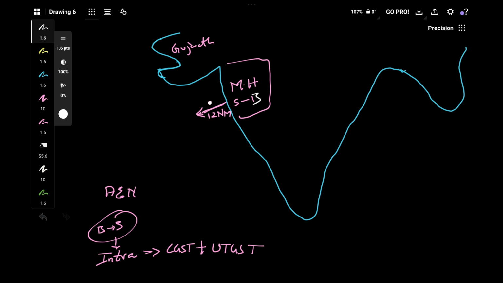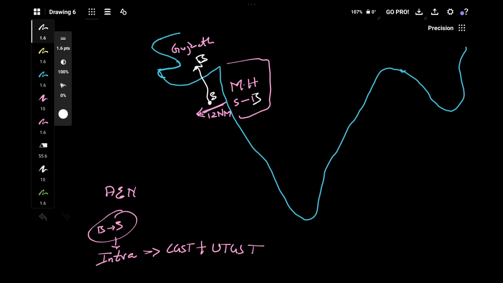Here there is a person within 12 nautical miles, and this person is a seller, and he is selling some goods to some buyer of Gujarat. Now is this an intrastate sale or interstate supply? That's a question to you. What do you think it is? Just take 5 seconds of your time and answer this. I'm going to answer it, don't worry.